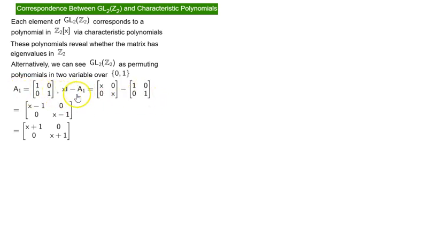Now here A1 is the identity matrix, but to keep it general, we take it as I separately. Now let's subtract these two. We get x minus 1, 0 minus 0, 0 minus 0, x minus 1.